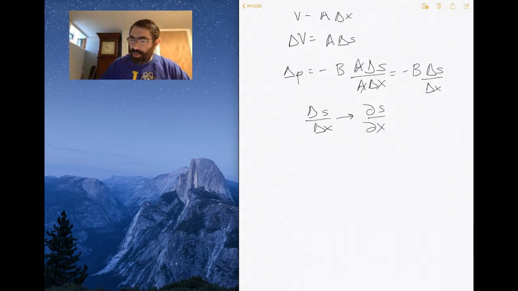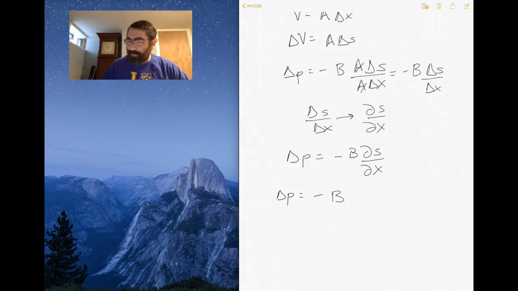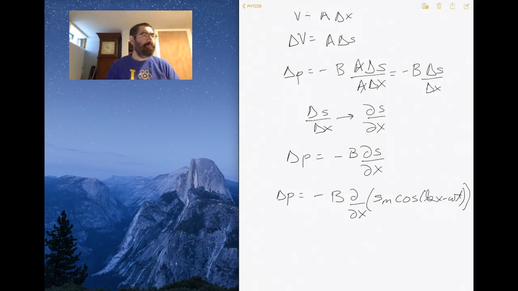So now our change in the pressure is equal to minus B ds dx. We have an equation for that. So delta P becomes minus B, the derivative of S max times the cosine of kx minus omega t, like so.